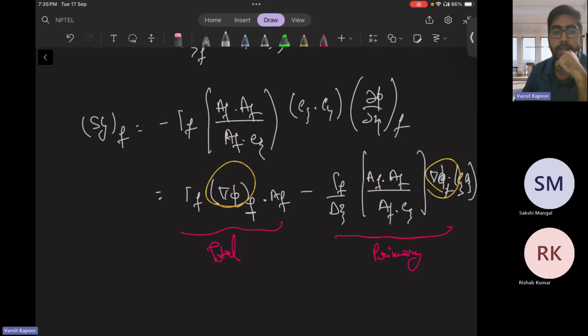So grad phi can be taken as the average value of the grad phi of all the cells, grad phi naught plus grad phi 1 by 2. That means you calculate the gradients of phi at the cell centroids itself and store them, and if you want them at the faces, you linearly interpolate.